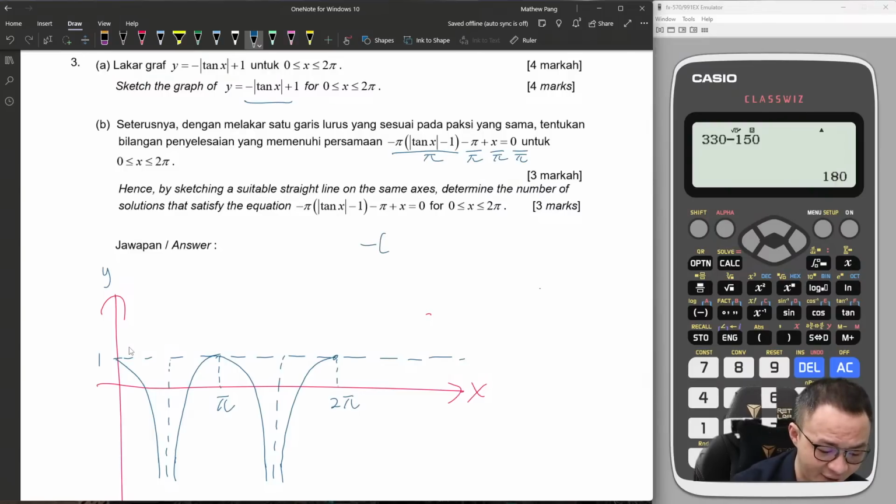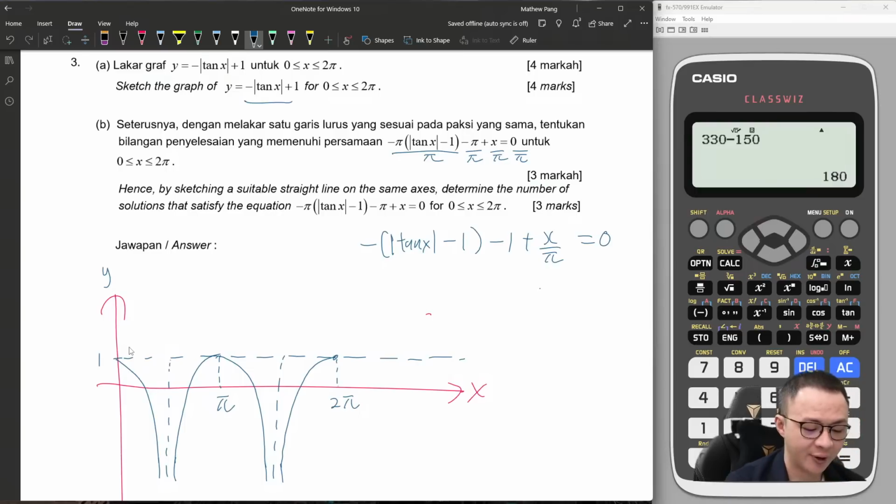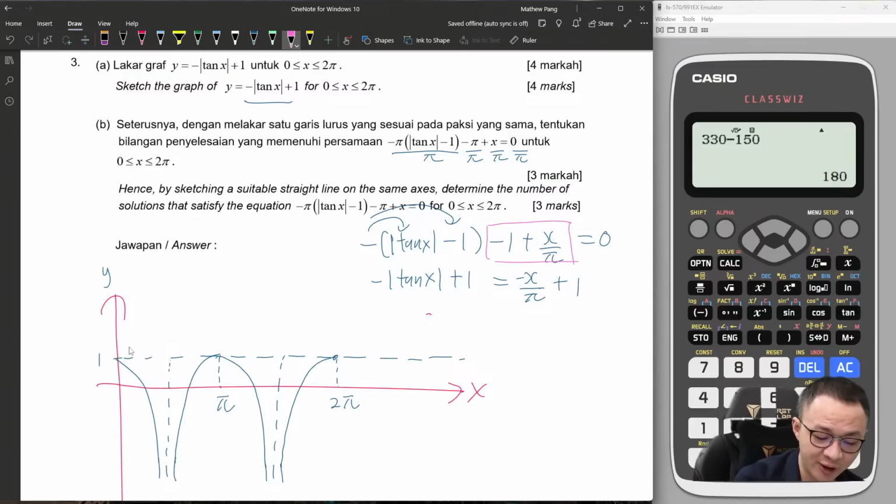So I should have negative modulus tangent x minus 1 plus x over pi equals 0. If you multiply by negative into both, this one is negative modulus tangent x plus 1. This one I'm going to move to the other side, becoming negative x over pi plus 1. So I literally move these two things to the other side of the equal sign.